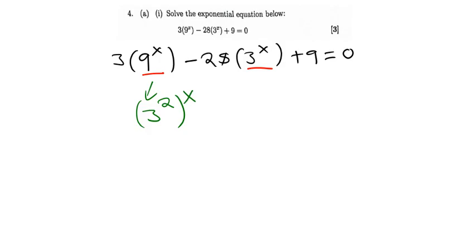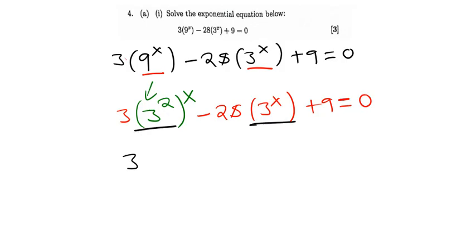So out of this 9 we can put that, and then of course we've got x outside that. So I'll just bring back our 3 there. We've got a 3 in front of 9 to the power x, so we'll have 3 minus 28 times 3 to the power x plus 9 is equal to 0. And so at the next step, we've got 3, and since I want this part to be identical to the other part, let's exchange the 2 and x.